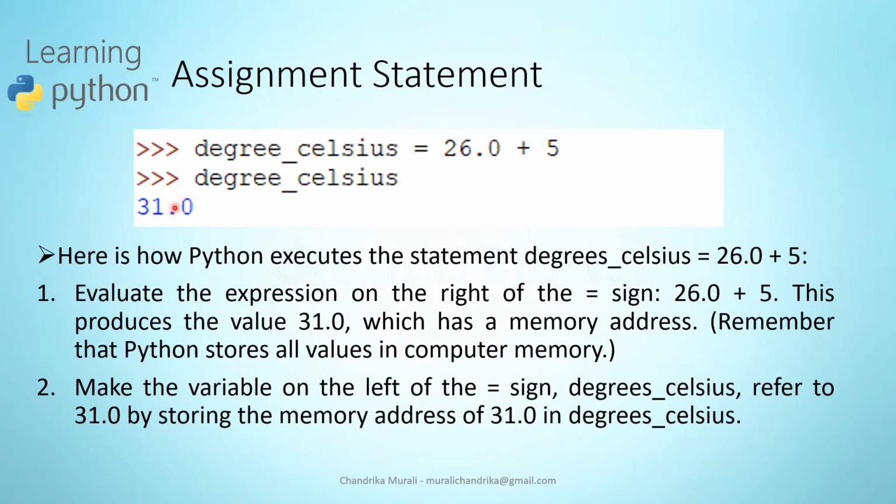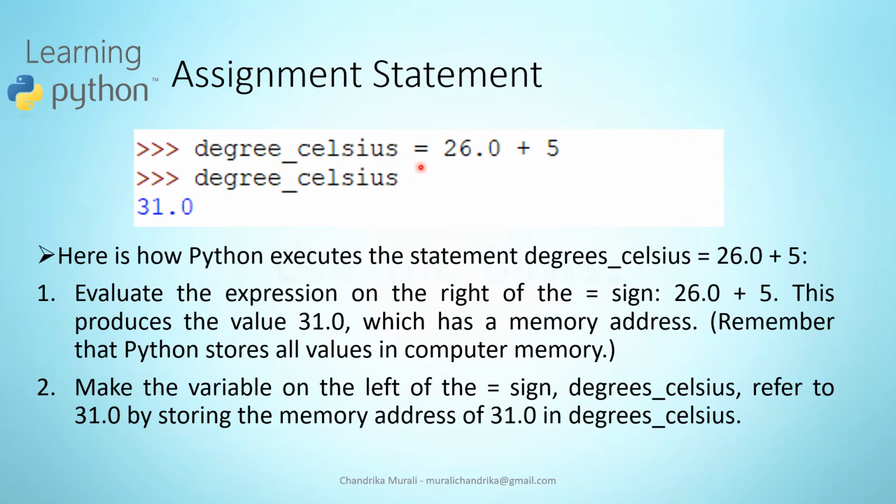Okay, this is one more example we can consider. Degree Celsius is equal to 26.0 plus 5. Now what happens? Whenever we come across an assignment operator, the right side of the assignment operator is the expression, and the left side will be the variable.